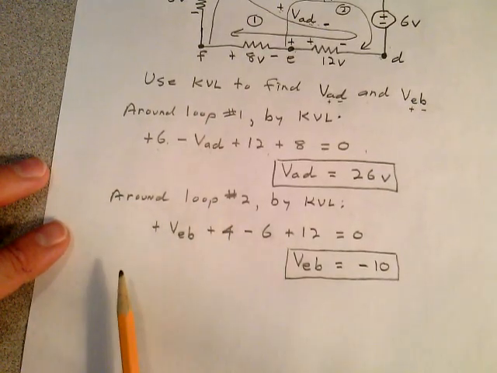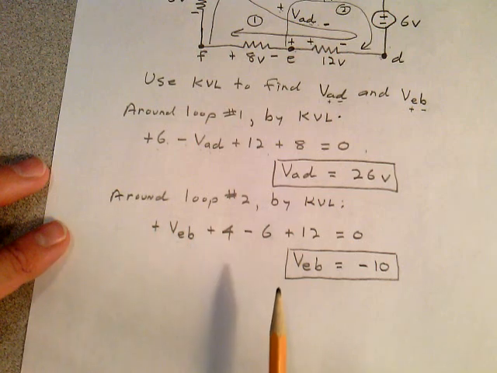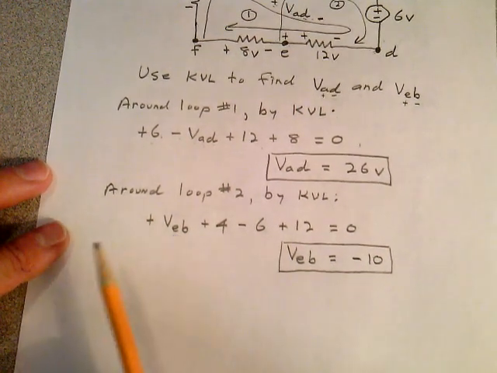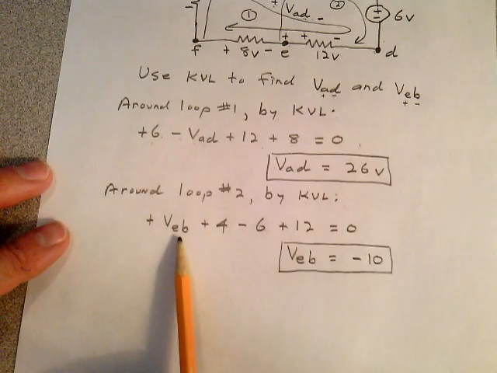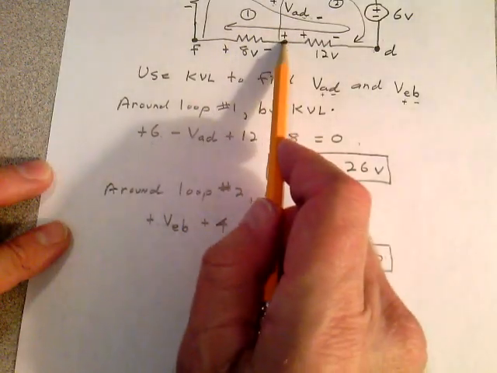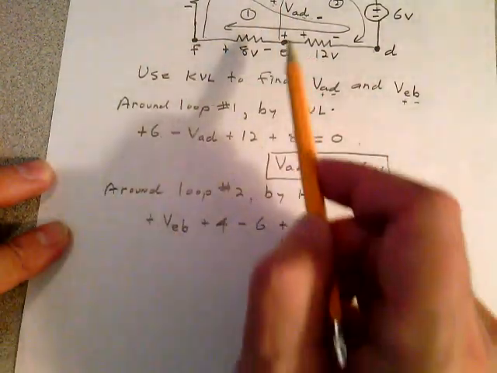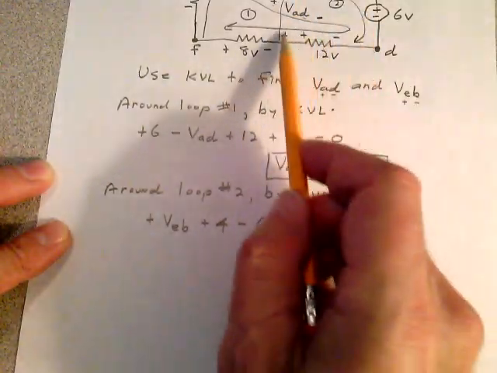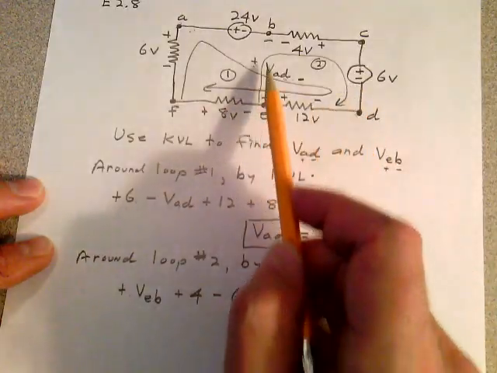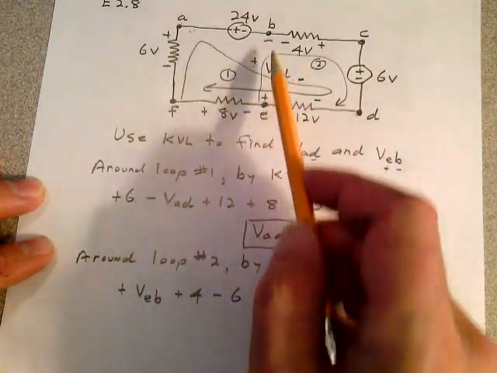Around loop 2, they want to find VEB. They twisted these letters around a little bit for you to see if you can handle that. Well, I think you can. Obviously, the author couldn't. The answer's wrong in the book here on the solution for this. But VEB makes E positive with respect to B. So I'm going to start here and go around, and this is my loop right here, with E being the positive and B being the negative.